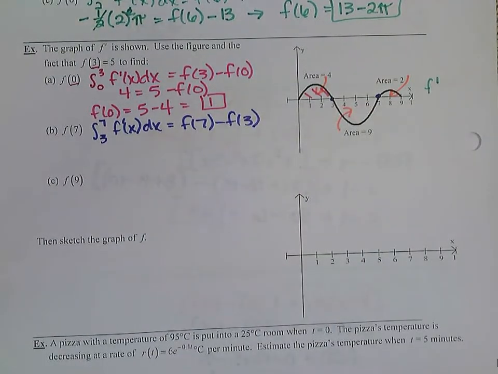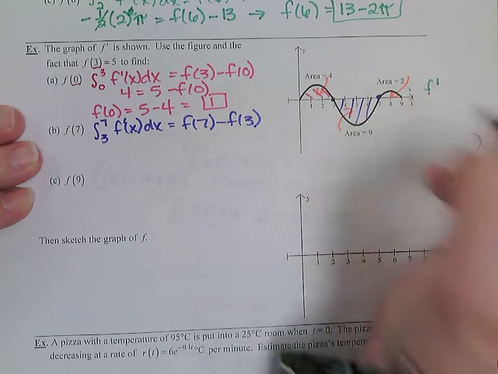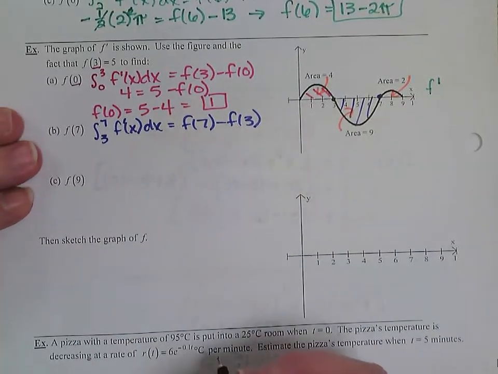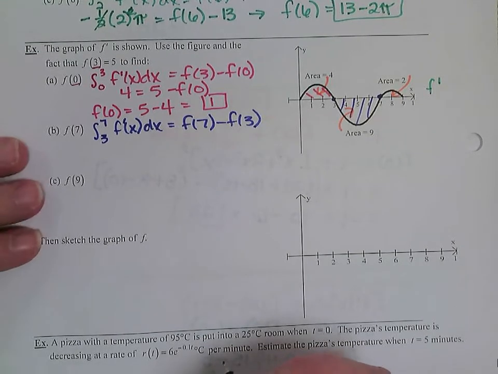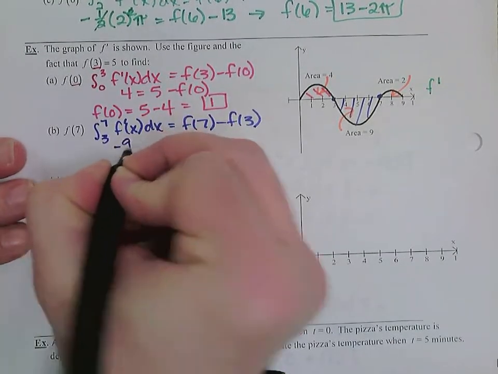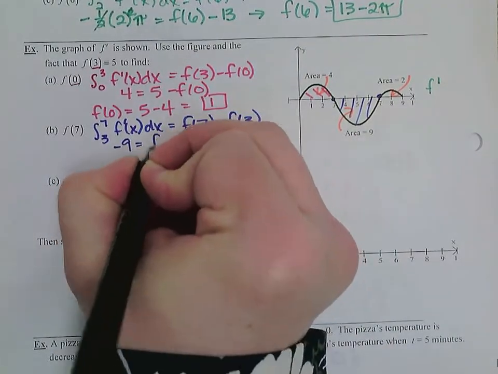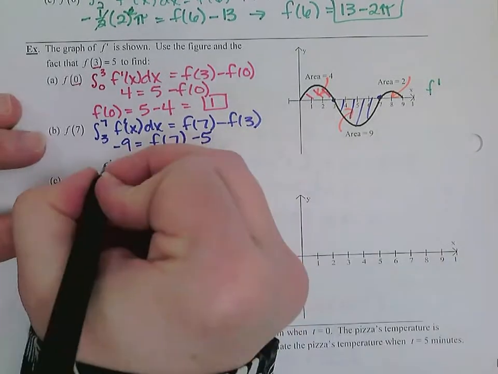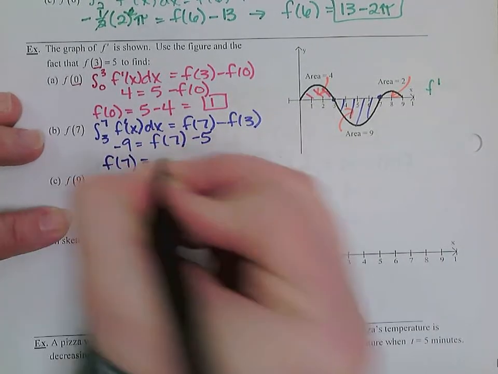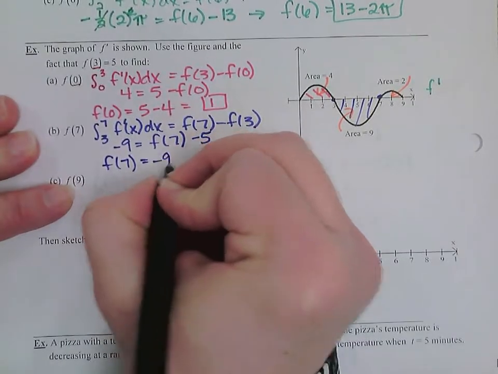This definite integral will be the area of that region, which they've told us is 9. So the integral is going to be equal to negative 9 because that region is below the x-axis. F of 7 is what we want to know. We know f of 3 is 5. So then f of 7 would be equal to negative 9 plus 5, negative 4.